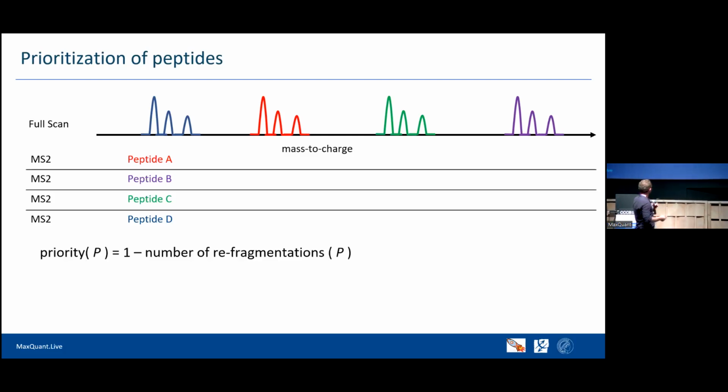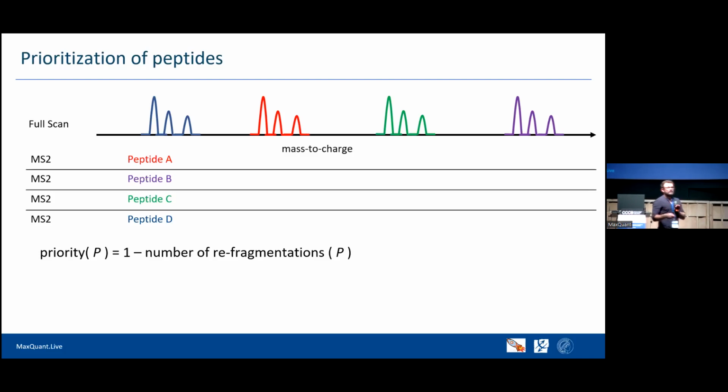So the original implementation was okay, we just take the list how it is, and if it's on top of the list, it's processed first, and we just go down, and after every fragmentation, the priority is lowered. That means, for example, if we could only fragment A and B in one run because we run out of time and we have a set cycle time, then in the next one the others would be fragmented and not them again, and so on.